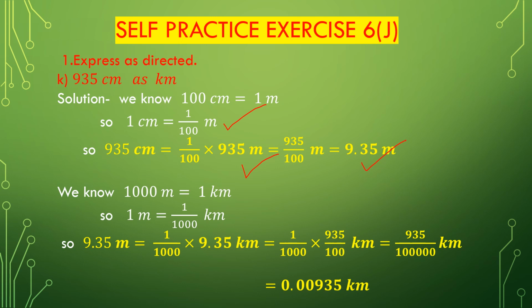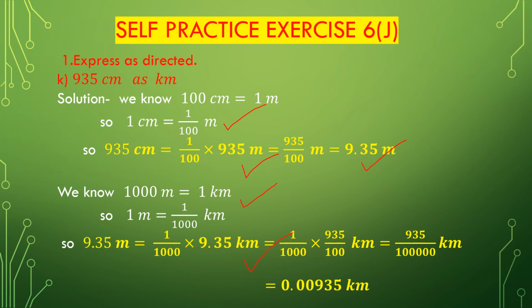We know 1000 meter is 1 kilometer. So 1 meter will be 1 divided by 1000 kilometer. So 9.35 meter will be 1 divided by 1000 multiplied with 9.35 kilometer.